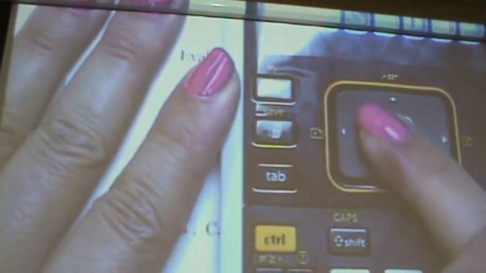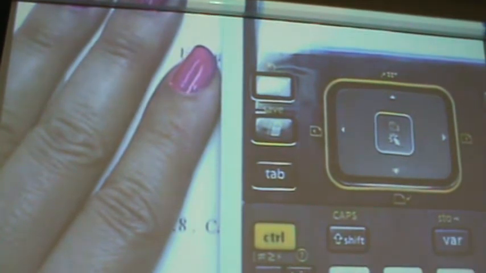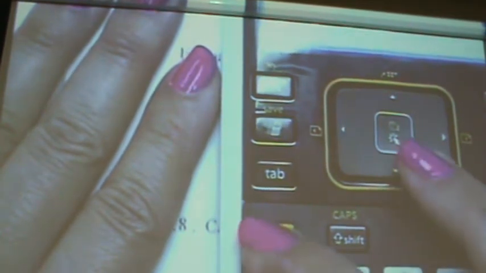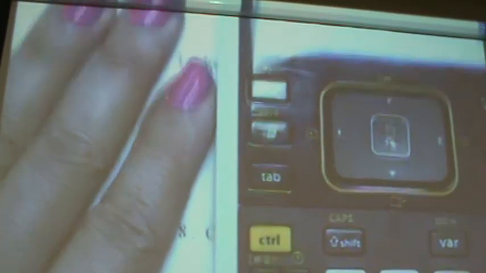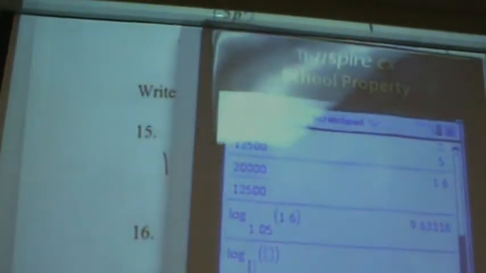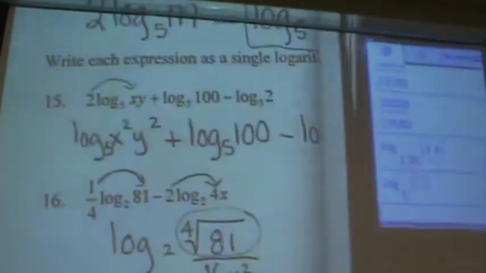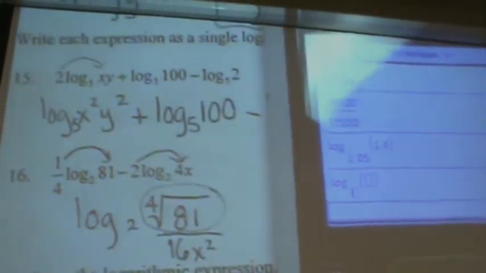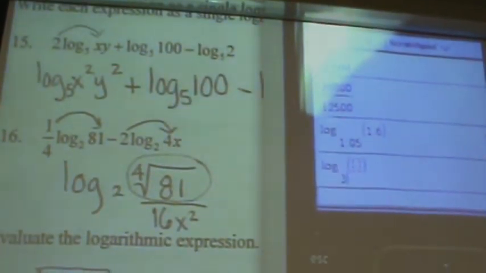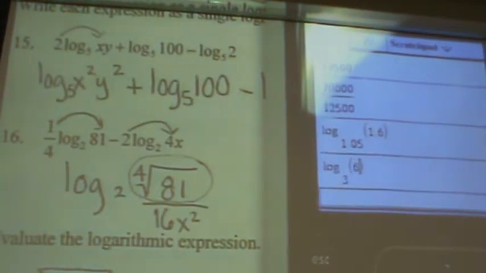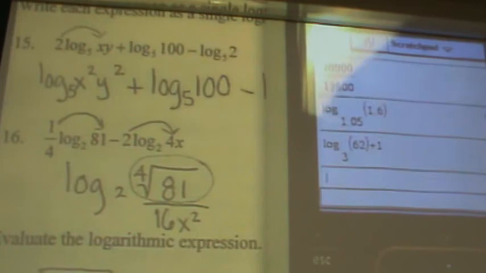Remember how to use this one? Type in log, control log. My eyes are really bad, you guys. Control right here. And then you can type that in exactly the way you see it. So whichever calculator you're going to use, do base 3 and then 62. Get your cursor out and then plus 1. Very easy.